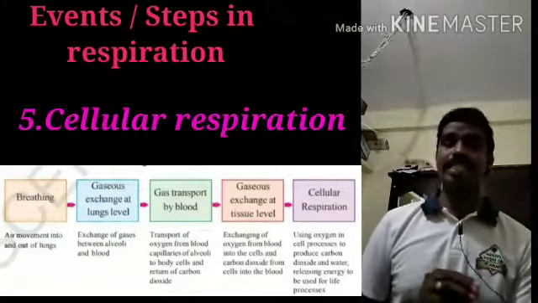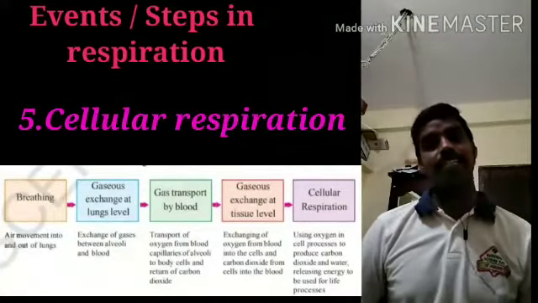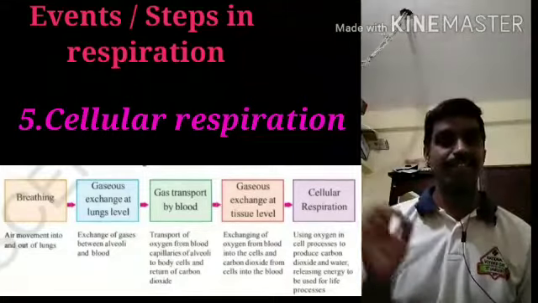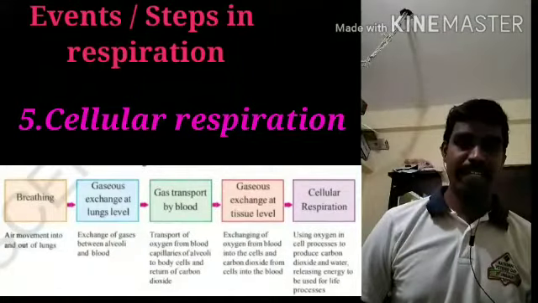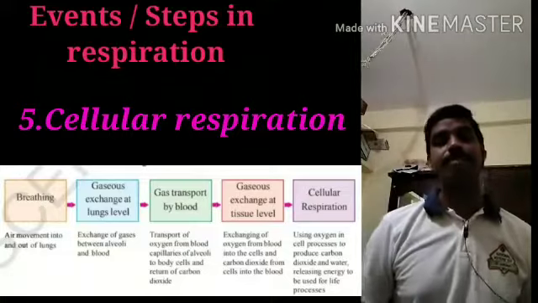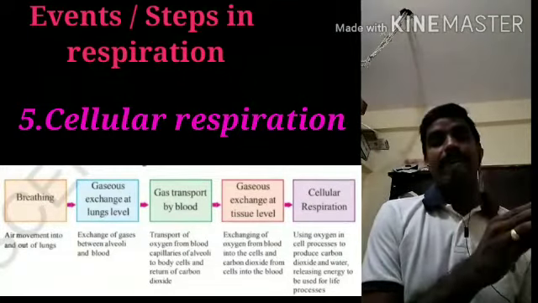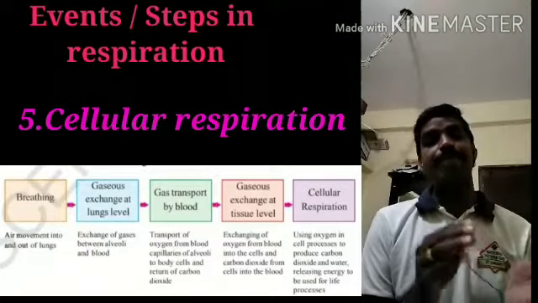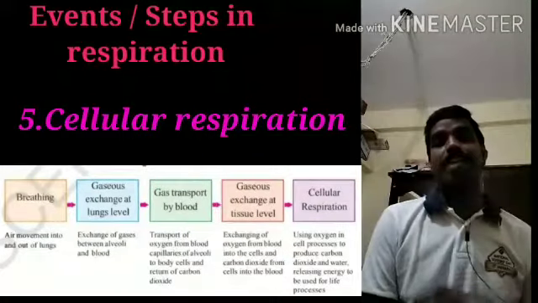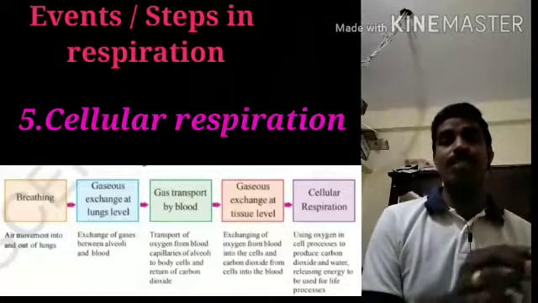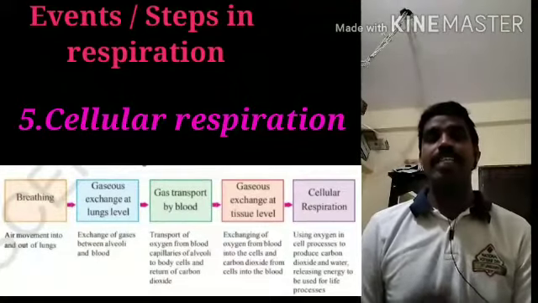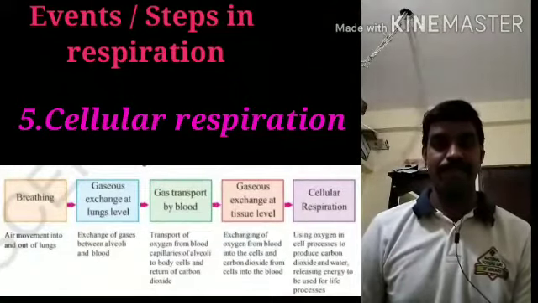And the last stage in the respiration process is cellular respiration. In this process, glucose combines with oxygen and produces energy. This total process occurs in the cell, so this step we call cellular respiration.